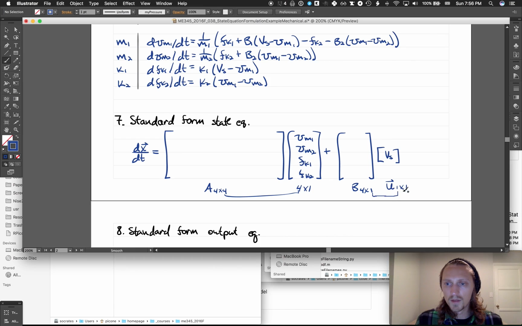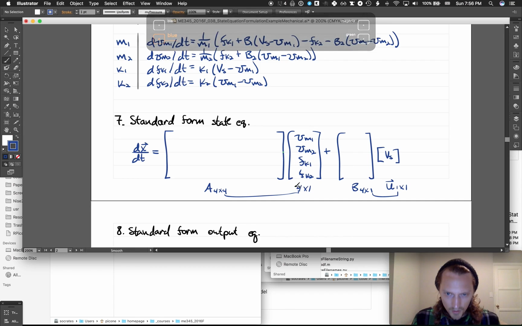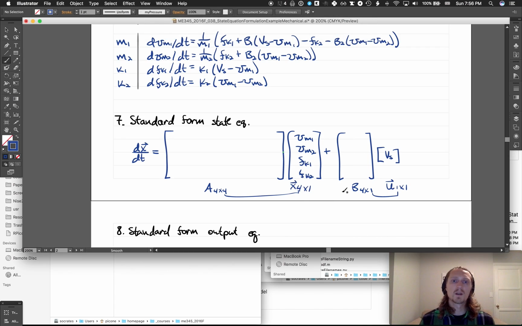So these inner dimensions collapse and we get a 4 by 1 out, which would be better if we're going to add it to another vector, right? I probably should have made this a subscript too. So x is 4 by 1. Okay, so now we just need to fill in what A and B are.